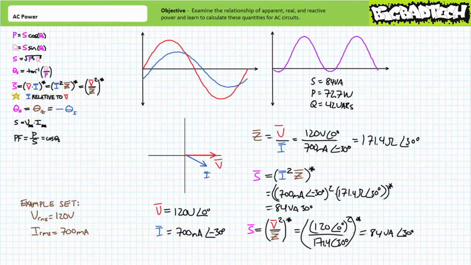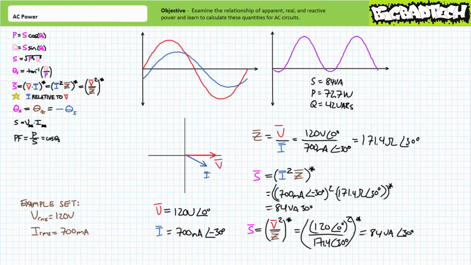Substituting in our given values, we again arrive at an apparent power figure of 84 volt amperes at an angle of positive 30 degrees. As previously, any of these results could be resolved into the real and reactive components of 72.7 watts and positive 42 VARs. This just goes to show you that there are many, many ways to get correct results.